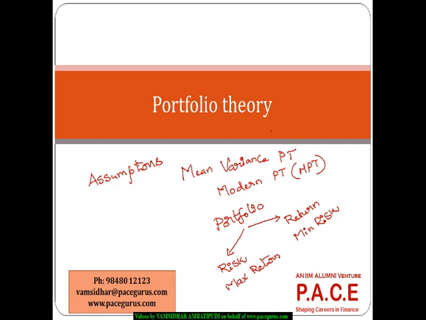And one more thing is it focuses on the assets and the returns on the assets, but in its prime form it ignores the liabilities in the computation of the optimal portfolio. So that's one major limitation that we need to understand.